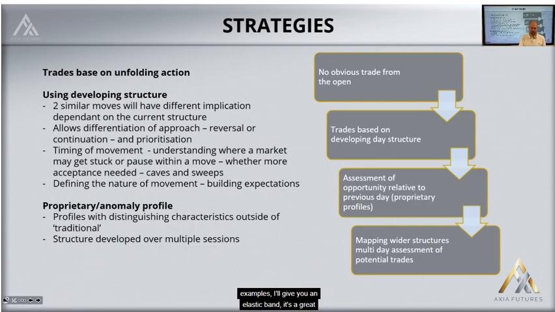One of the examples I'll give you, an elastic band, is a great illustration of that: the way something happens, depending upon what's preceded it, is going to influence whether it can actually continue in a direction that you might be looking for or whether it won't. And this is a lot of what using developing and current structure is all about. It's about being able to assess whether something is really likely to do what it might advertise it wants to do.